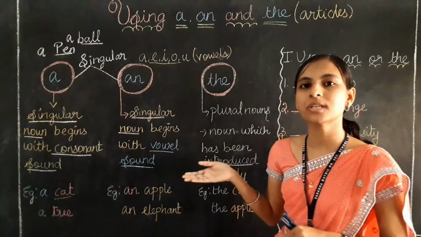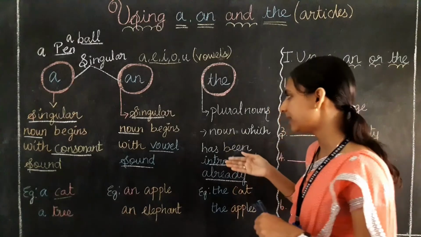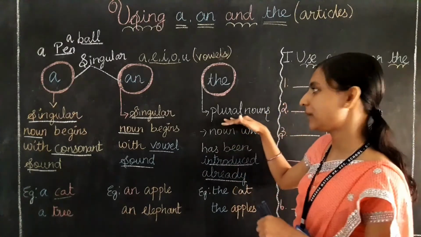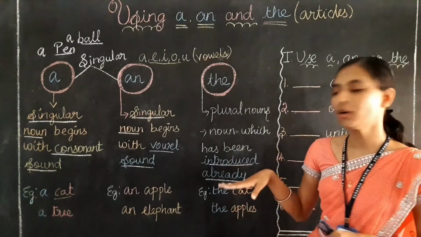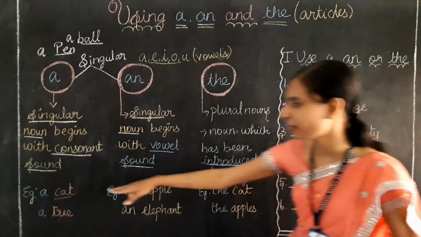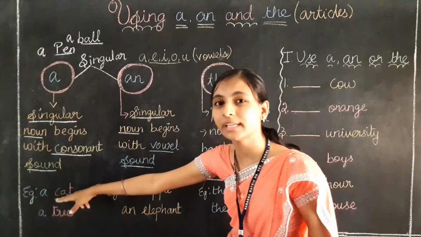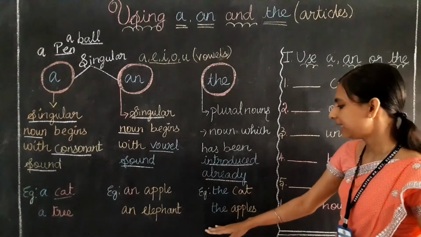So where do we use article the? Before plural nouns as well as singular nouns. First remember that it can be used for plural nouns, and then it can be used before a noun which has been introduced already. Example, the cat. Because I have written cat already here, and again I am just mentioning the cat. The apples.